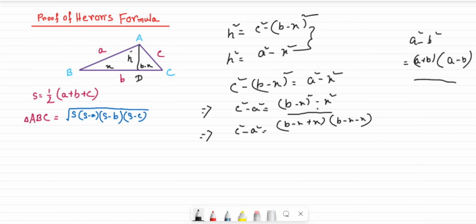A square minus B square, that is A plus B into A minus B. So C square minus A square equals this X and this X cancel out, and B minus 2X, right?